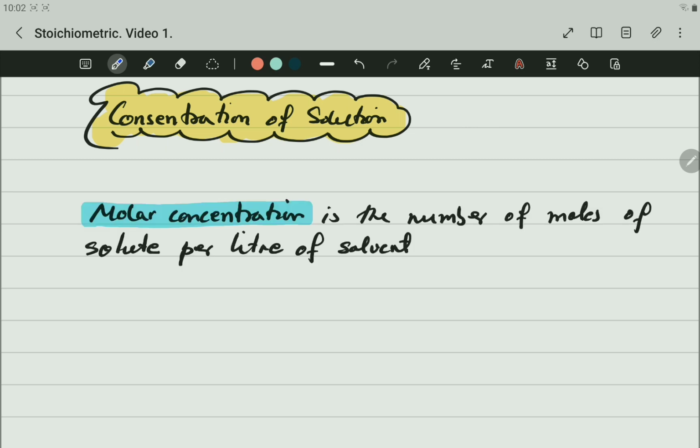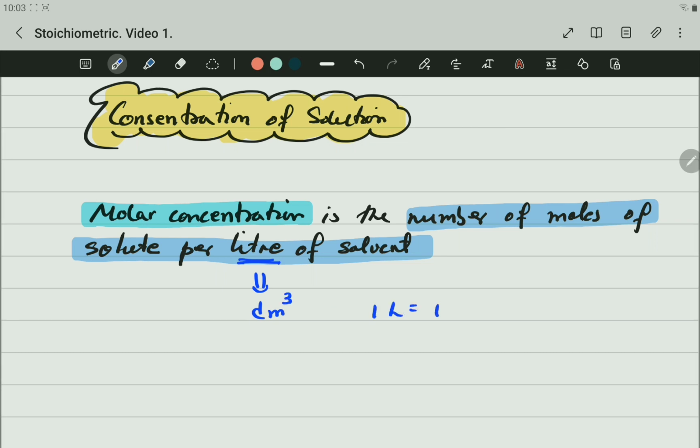Now, by definition, molar concentration is the number of moles of solute per liter of solvent. Now, important, note that a liter is equivalent to a decimeter cubed. So 1 liter is equal to 1 decimeter cubed.